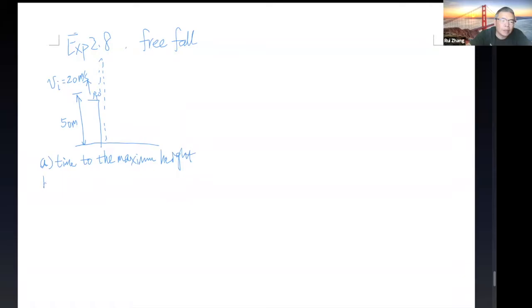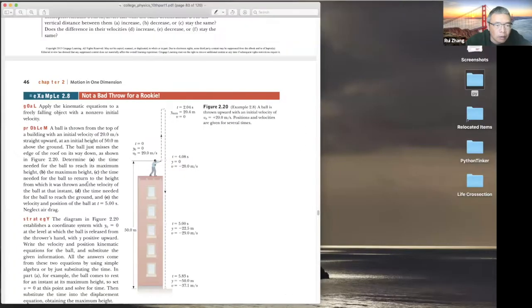And B is the maximum height itself, how high it can go. And then C is the time needed to return.